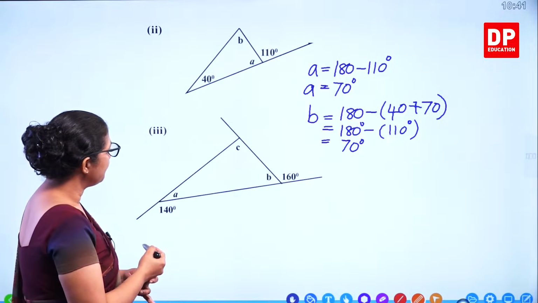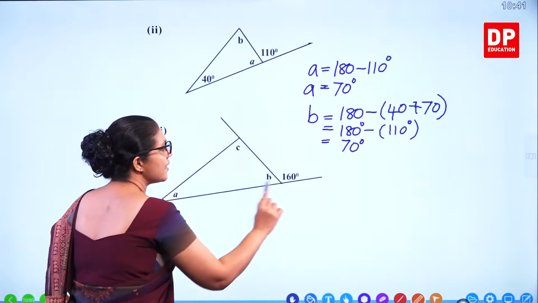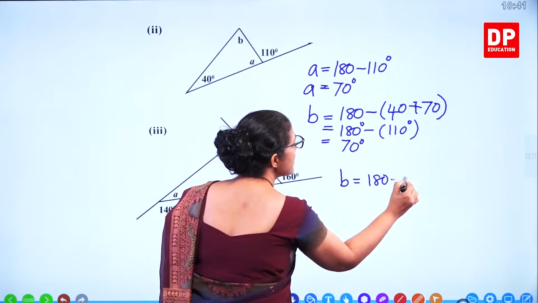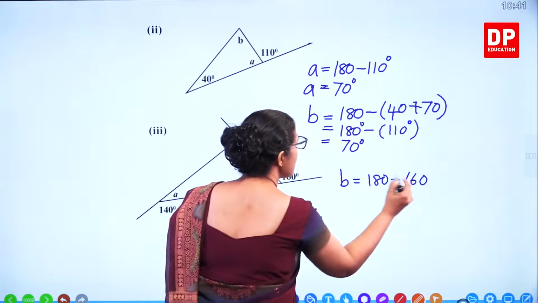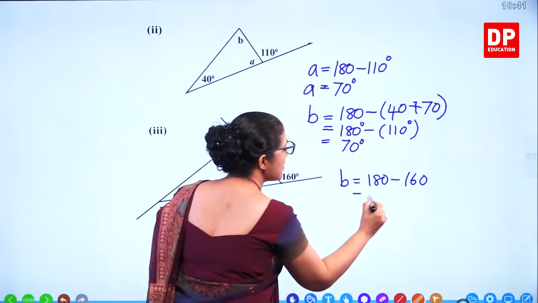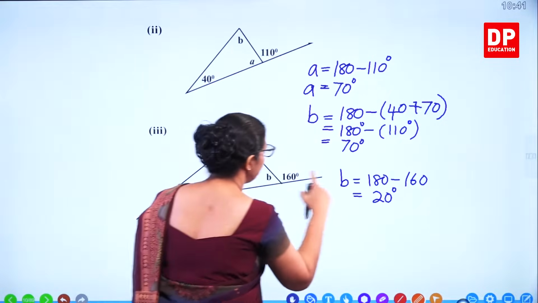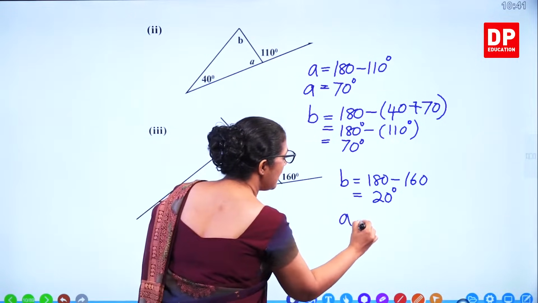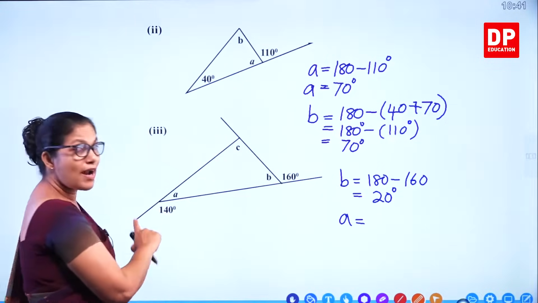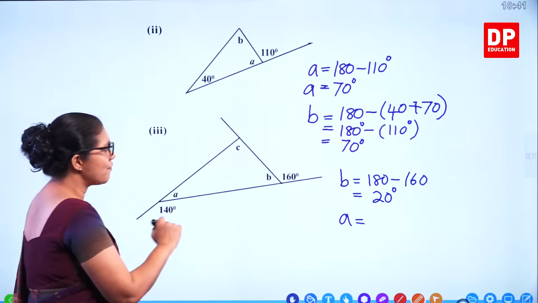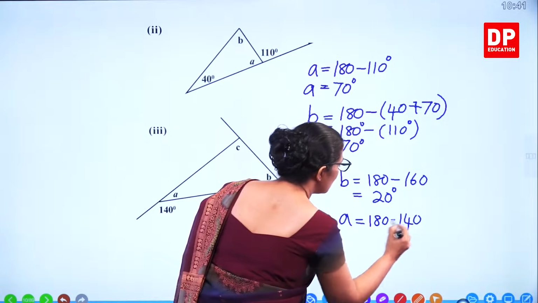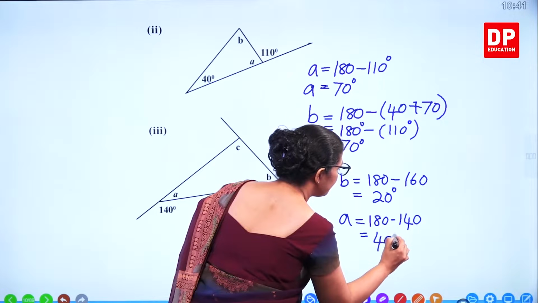What about this one? This is a straight line. So B you can find out: 180 minus 160, that's 20 degrees. This is 20. What about A? A you can find out, that's also 180 minus 140. So that's 40 degrees.